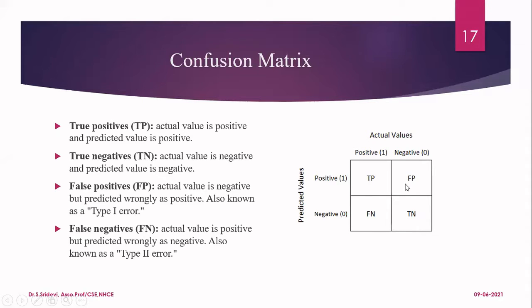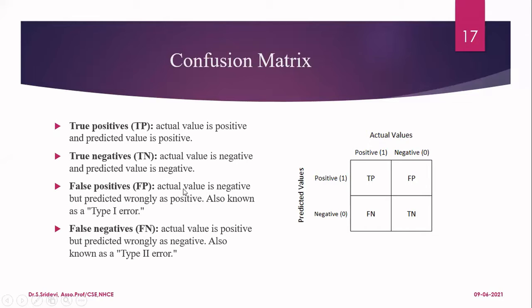Now, what about these two values? They are false positive and false negative. So what is false positive? False means your model is not predicting correctly. What is it predicting? It is predicting positive. So what is the actual value? If the model is wrong and it is predicting positive, the actual value is negative.